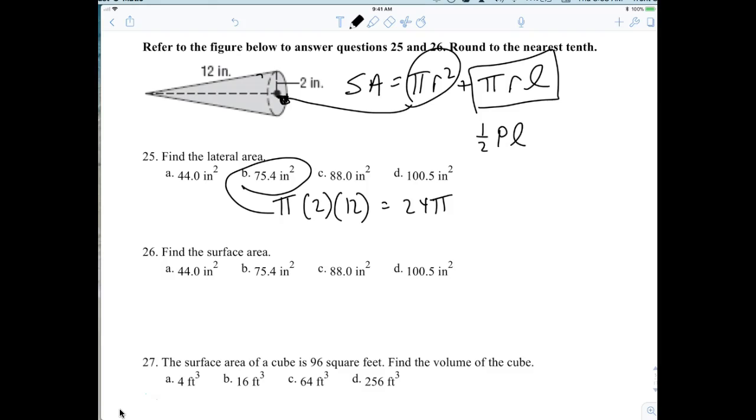So I'm trying to show you the perimeter formula. The perimeter of a circle is what? 2 pi r. So it's really 1/2 times 2 pi r times L. You see how it all comes together, right? If you understand the formulas, there aren't 500 formulas to memorize.